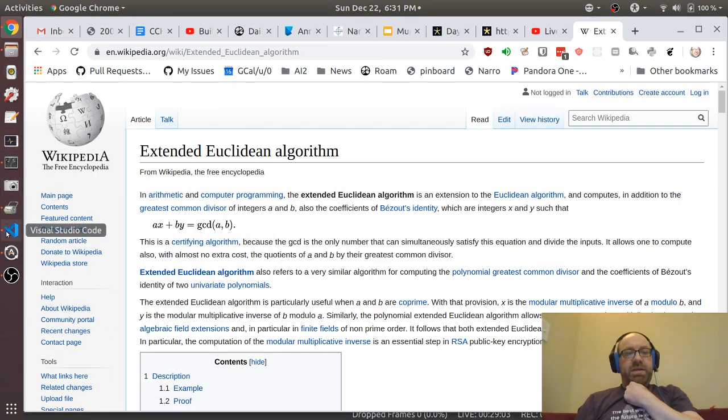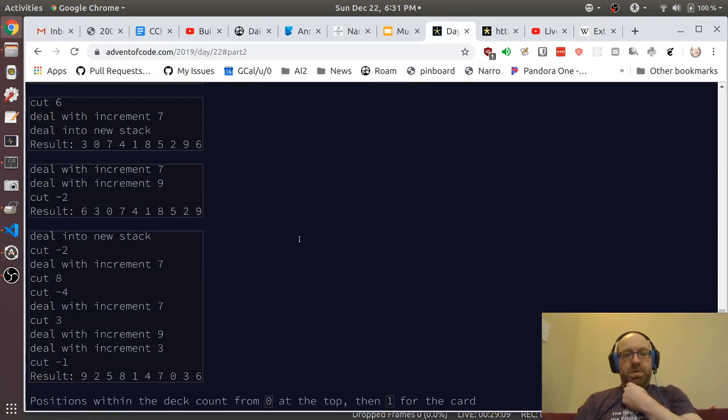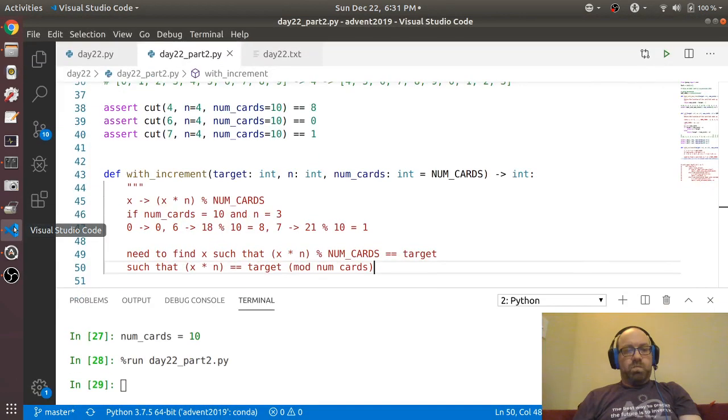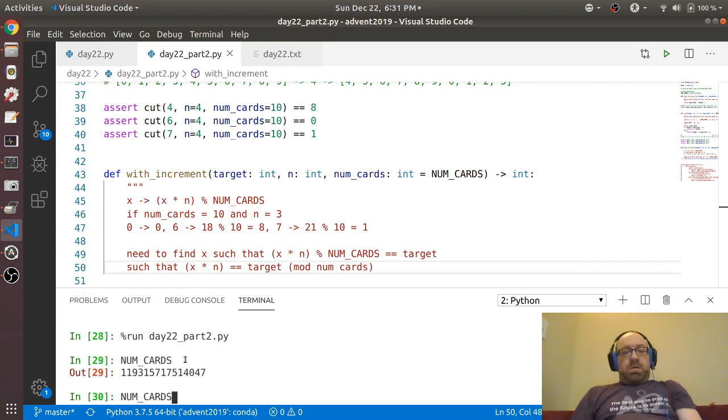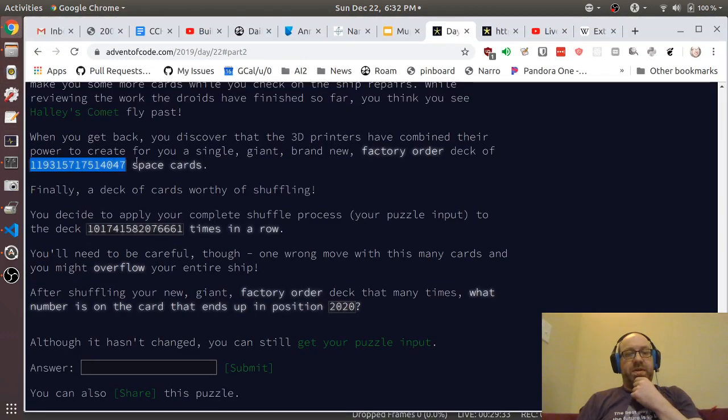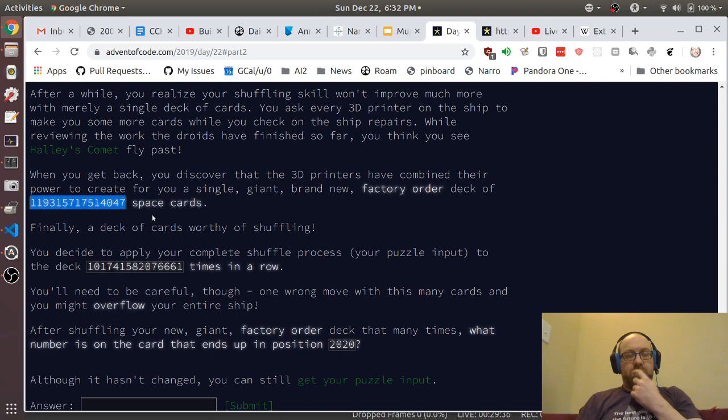Okay, so let's try and understand this number, because maybe this number is a power of something. Mod 3 is 2, mod 7 is 5, mod 11 is, okay, so it's not anything obvious. And obviously I don't want to brute force all the things.